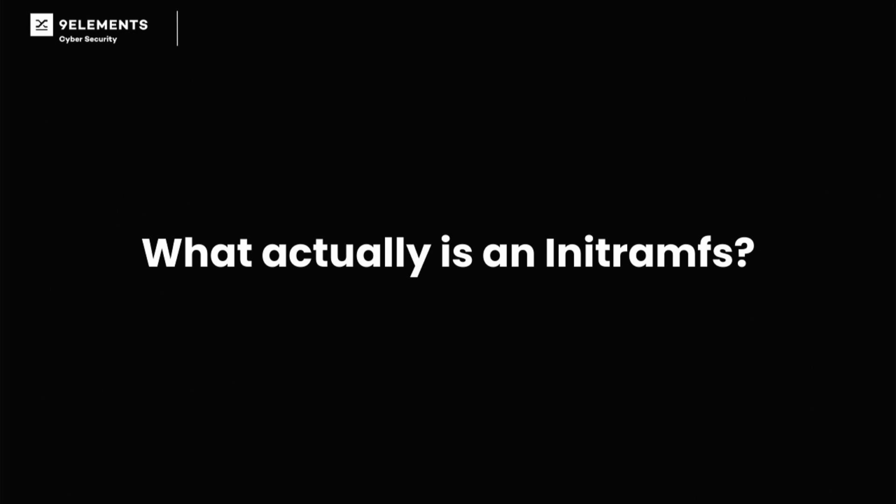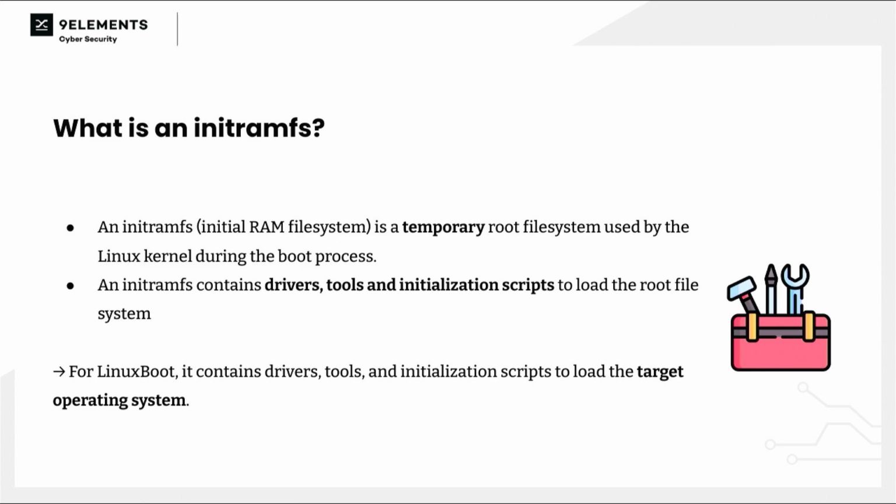Okay. So, as I said, what is actually an initramfs? Now I'm incapable of moving here, so you have to work with that. If we're looking at how a kernel boots, once the Linux kernel is ready, it hangs in initramfs, which is an initial RAM file system, as a temporary root file system.